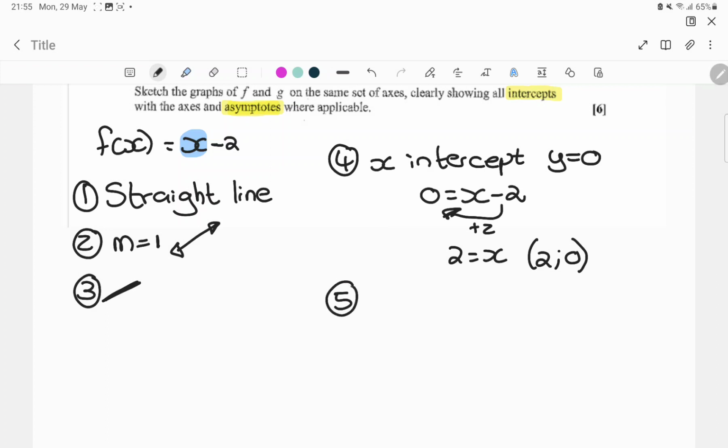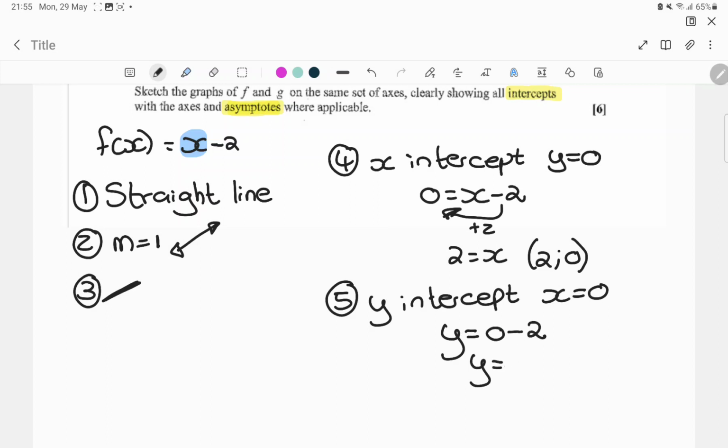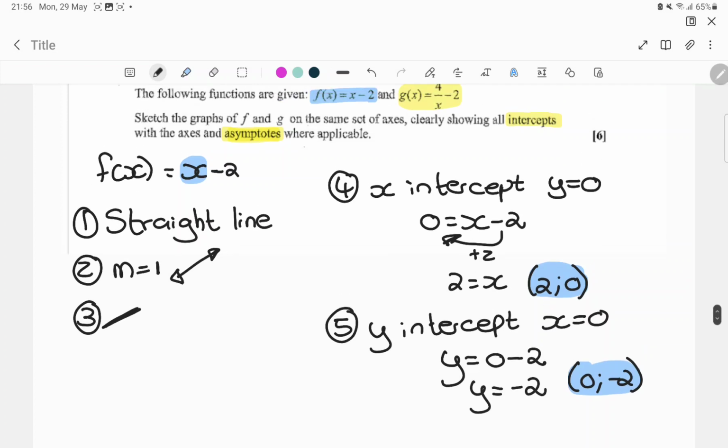And then the last thing is the y-intercept, where x is equal to 0. So y equals 0 minus 2, so y is equal to minus 2. This will be the point (0, -2). You can always use your calculator to draw a table to make it more accurate. However, the information you have at the moment is more than sufficient to draw your graph.